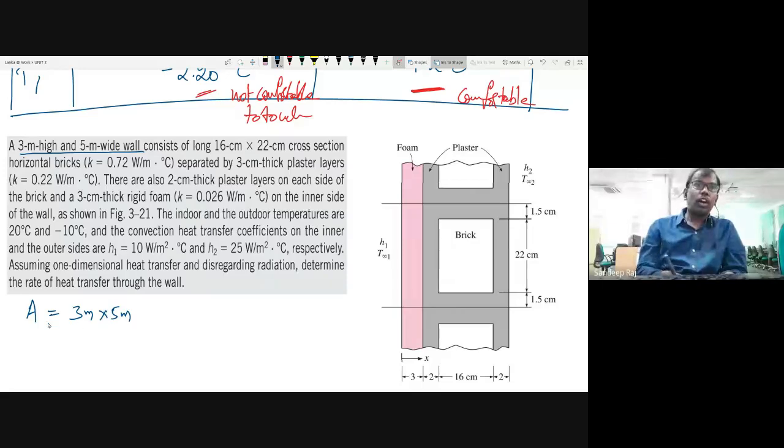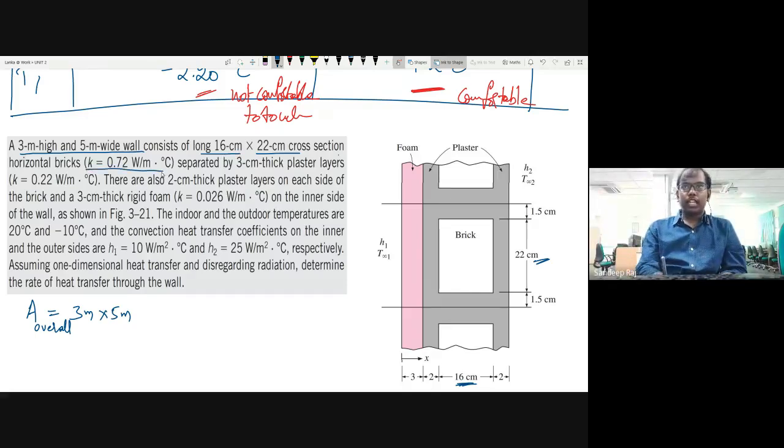Mind you, this is the overall area. And it consists of 16 centimeter long and 22 centimeter cross section horizontal bricks. So this is 22 and this is 16. That's the dimensions of the brick he has given.